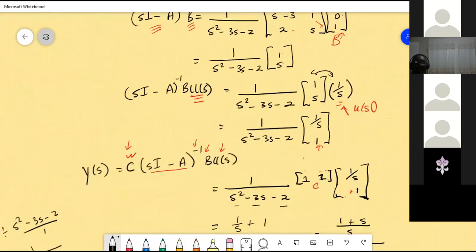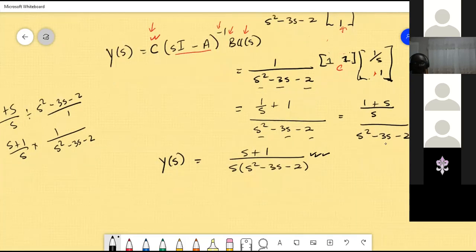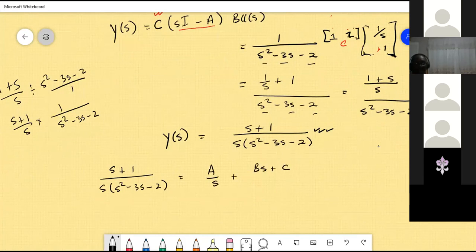So we are here. So now, if we are here now, we want y of t. So we have to work out what the y of t is. So we're going to let s plus 1 over s squared minus 3s minus 2 be equal to A over s plus Bs plus C over the s squared minus 3s minus 2. This we can factorize, the s squared minus 3s minus 2.